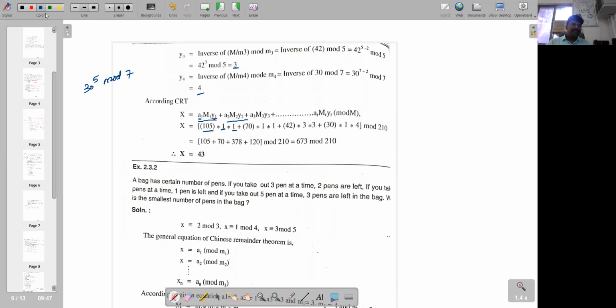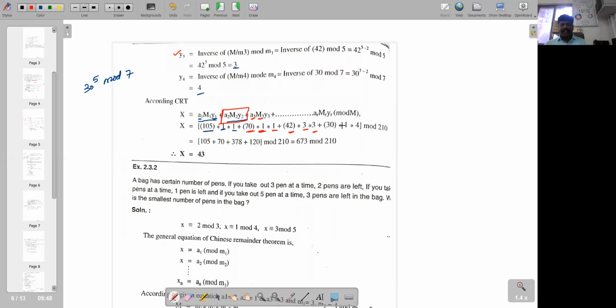For the second equation, A2, M2, Y2, the A2 value is 1, Y2 is 1, and M2 is 70. For the third equation, Y3 is 3, M3 is 42, and A3 is equal to 3.